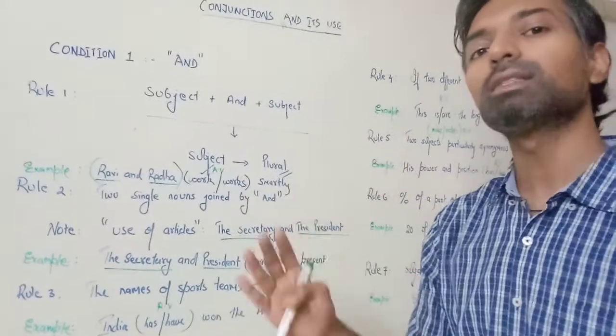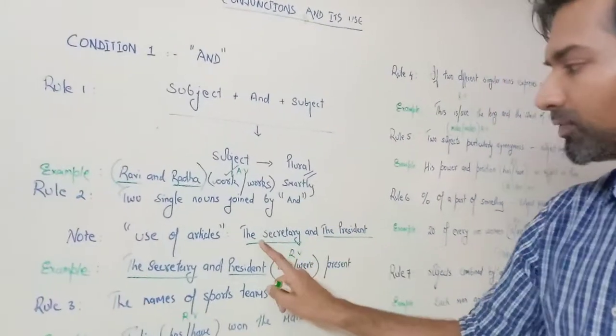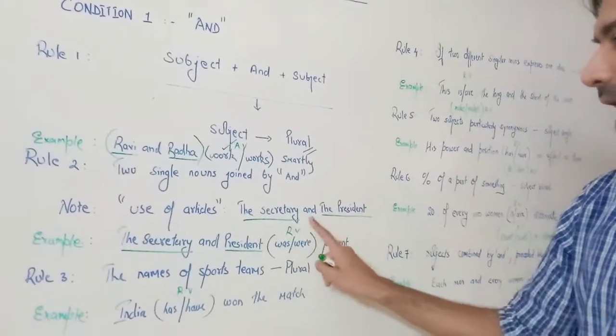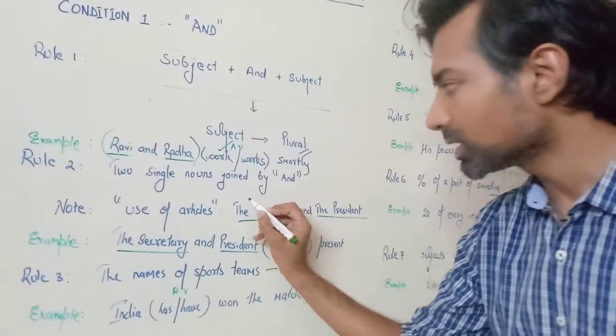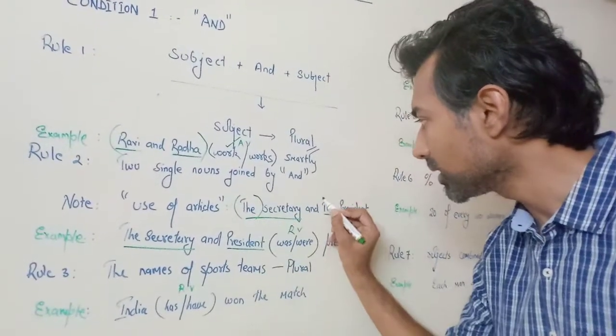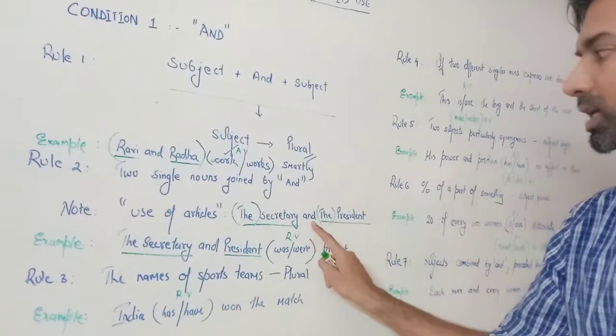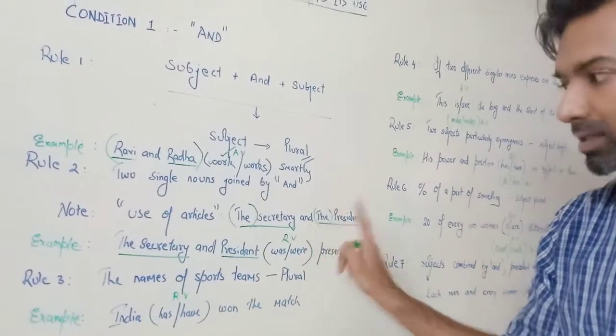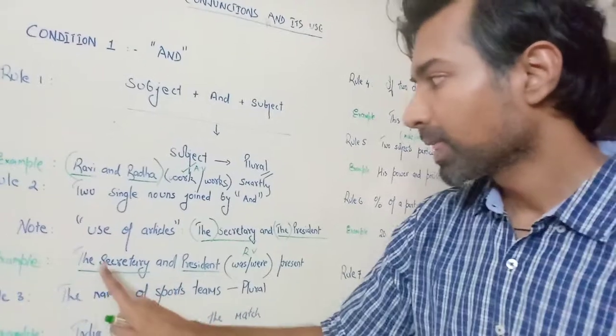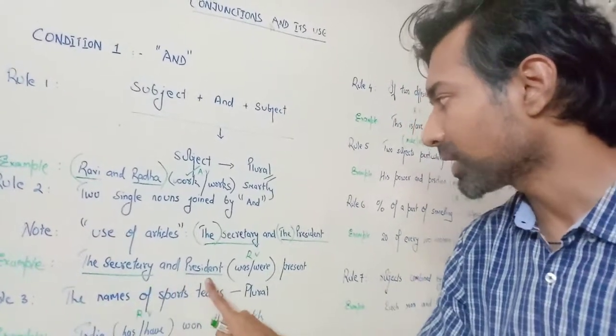What difference does it play? So let's begin with the first one, the secretary and the president. What we see here is the usage of the article prior and post the conjunction and, as well as one more example, the secretary and president.